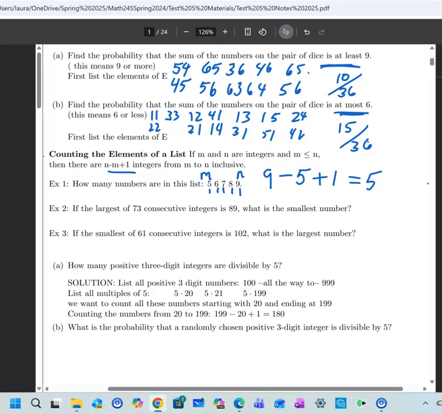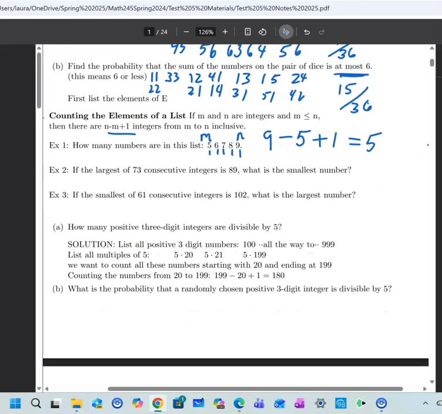All right, so here they're saying there's 73 consecutive integers. So that means 73 is the number of consecutive integers. The largest is 89. So this 89 is my N, right? So N is 89, and I want to find out what the M is.